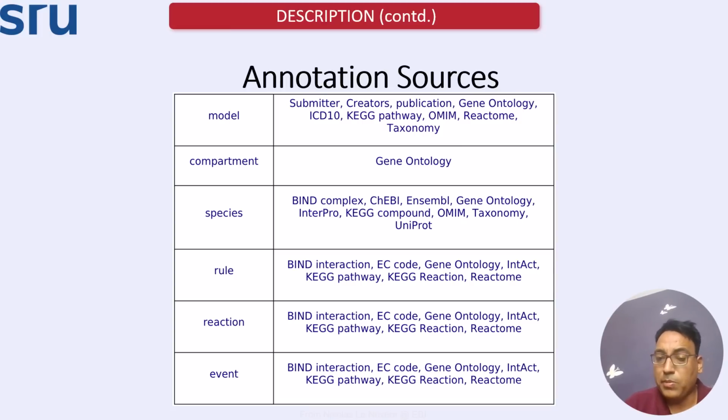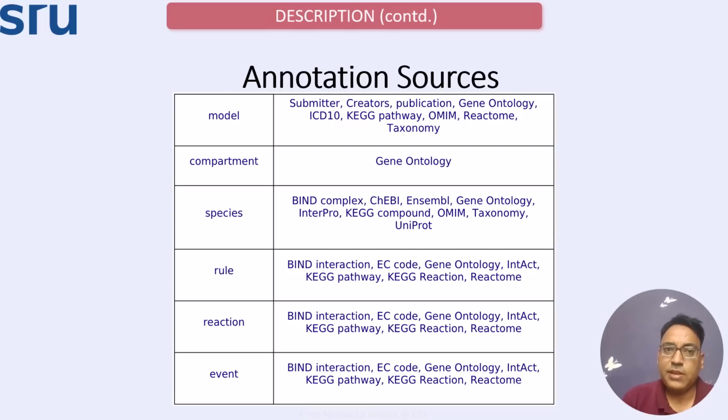The compartment part: Gene Ontology allows you to analyze different compartments in which the protein or gene is functioning. The species part: bound complex, ChEBI, Ensembl data, Gene Ontology, and like this. All of them allow you to do many different things. The rule, reaction, event.